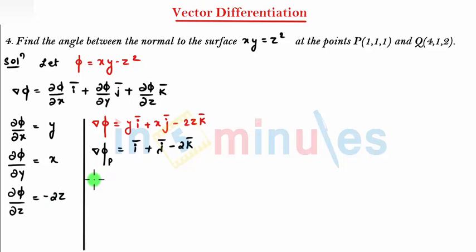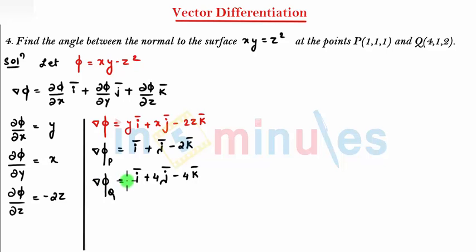Del phi at Q: y gives 1, so i bar, x gives 4 j bar, and minus 2z with z equal to 2 becomes minus 4 k bar. So I got del phi at both points.